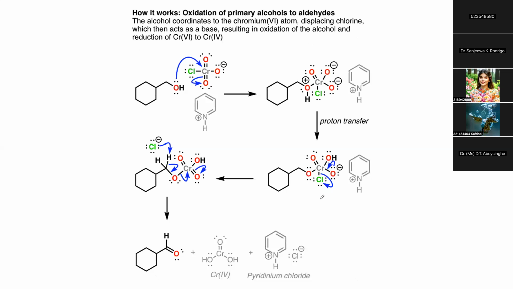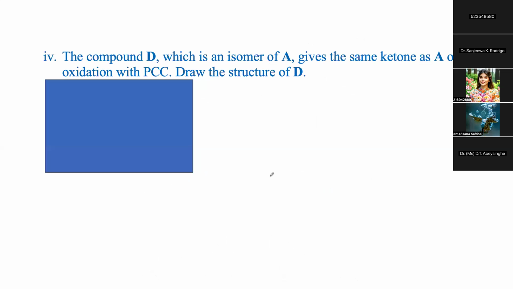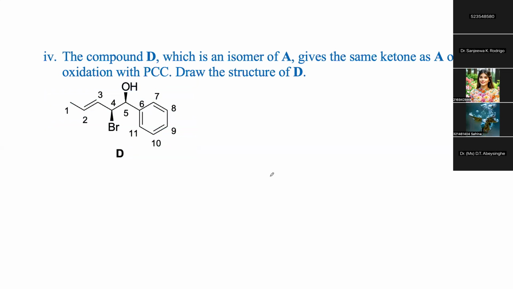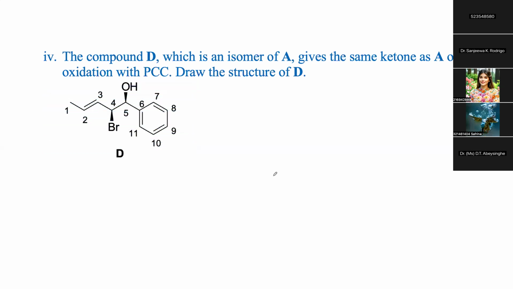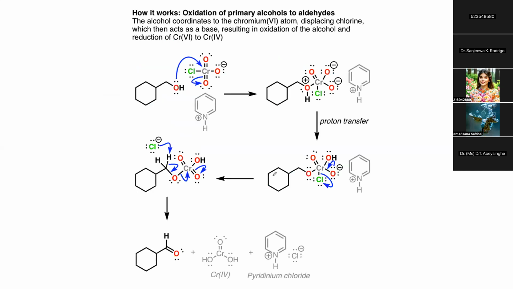It oxidizes primary alcohols to aldehydes. Here the example is only for primary alcohols, but it does oxidize the secondary ones as well and give you ketones.